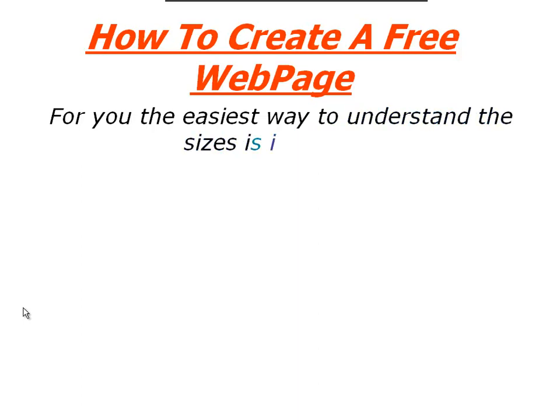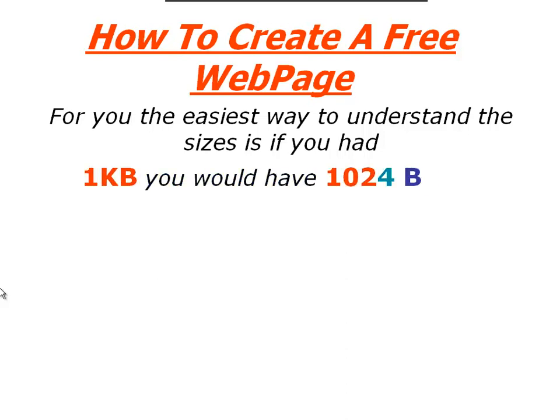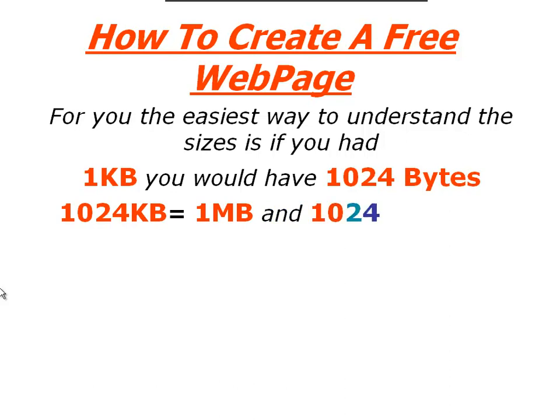The easiest way to understand sizes is that 1 kilobyte is 1024 bytes. 1024 kilobytes equals 1 megabyte, and 1024 megabytes equals 1 gigabyte.